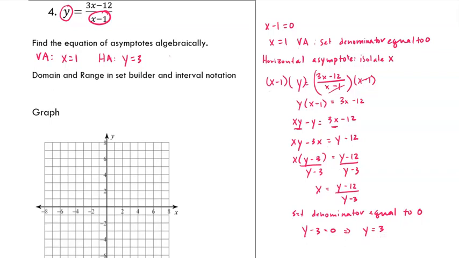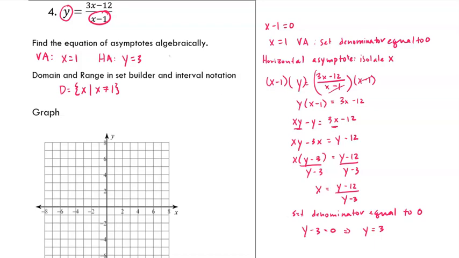Okay, before we can graph, we can just go ahead and answer our question about the domain and range, because there's only one asymptote for each, the domain and the range. So the domain: x such that x cannot be 1.